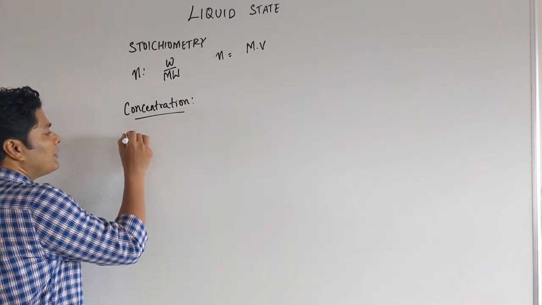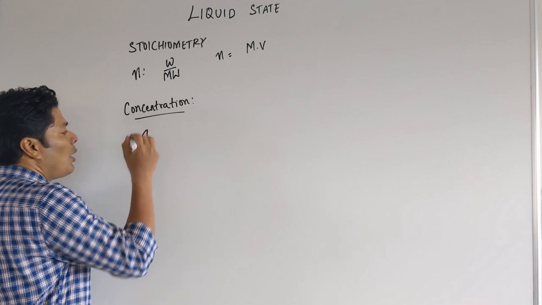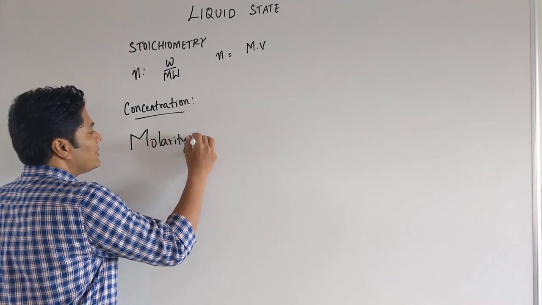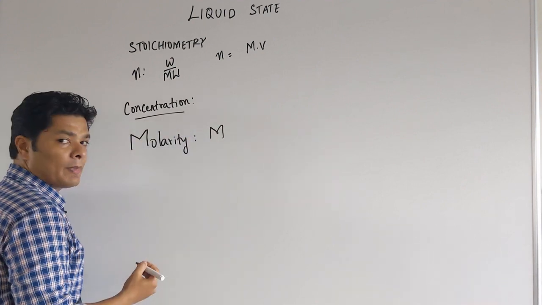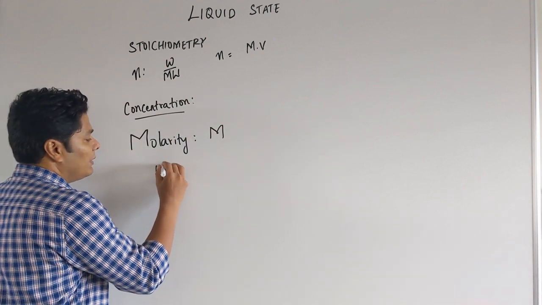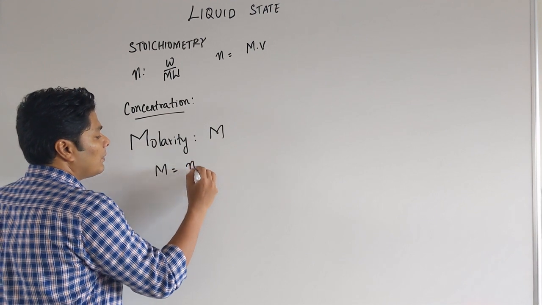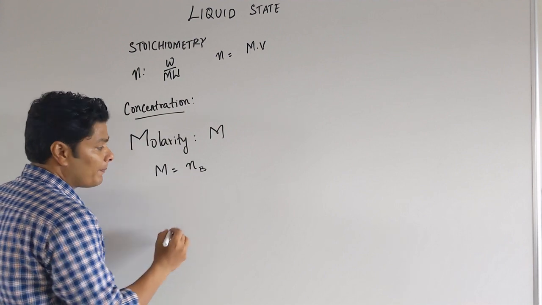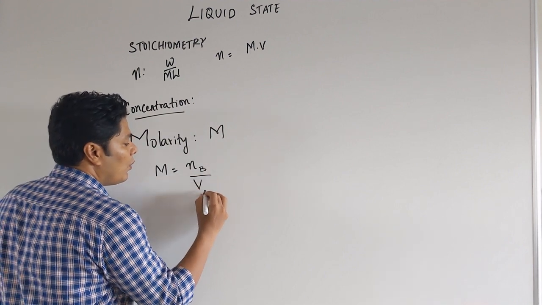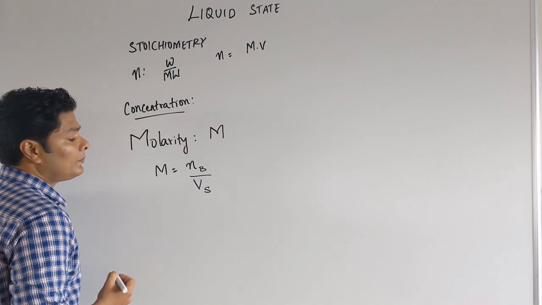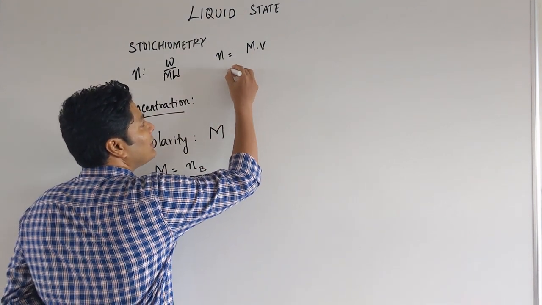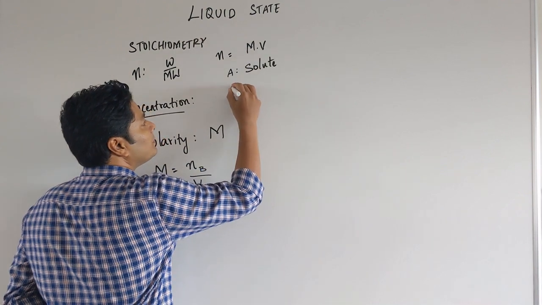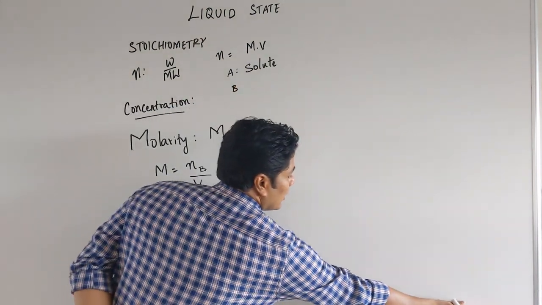The first and foremost is molarity. Molarity is represented by the symbol capital M. This is extremely simple. M equals moles of solute, and I will keep the symbol for solute as B, divided by volume of solution. Let me define the symbols.